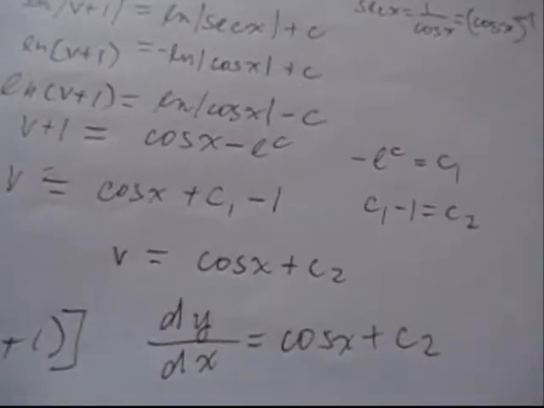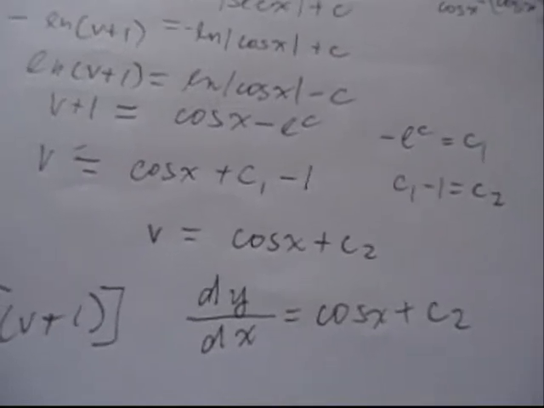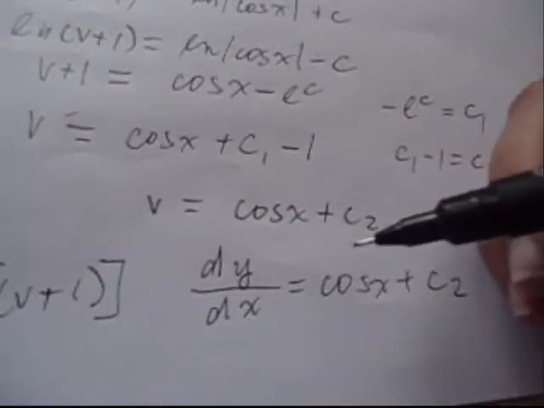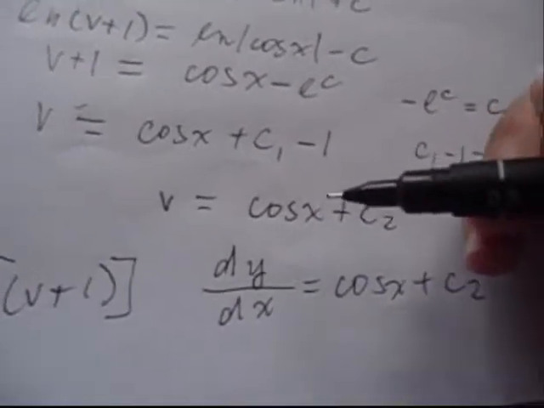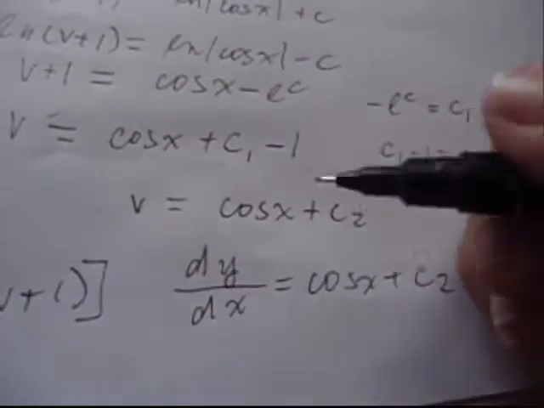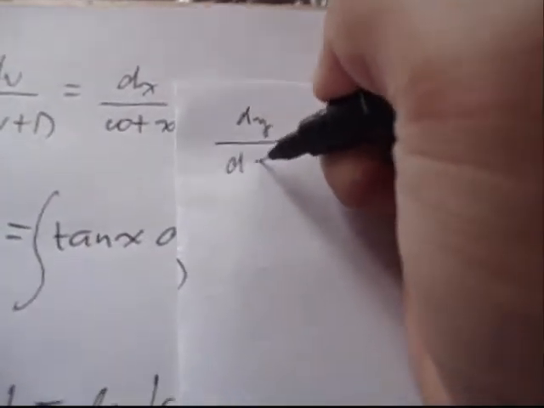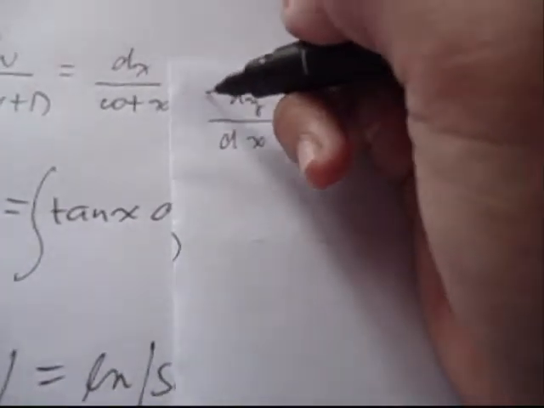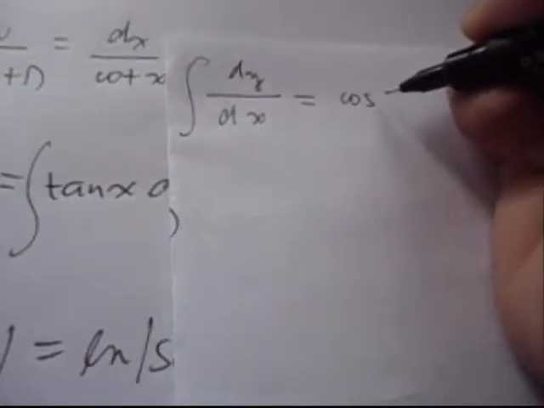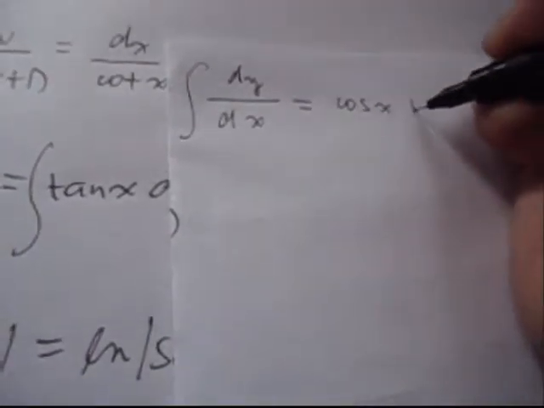Then our solution does not end here because we still don't have the value of y. So what we need to do here is we can just integrate both sides, since this is a separable differential equation. So we will have now the integral of dy over dx is equal to cosine x plus c2.